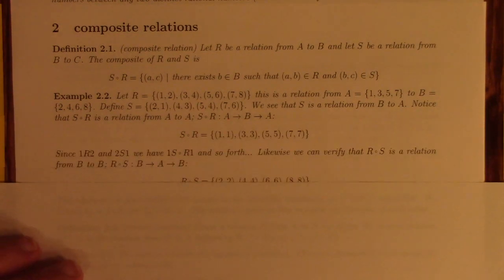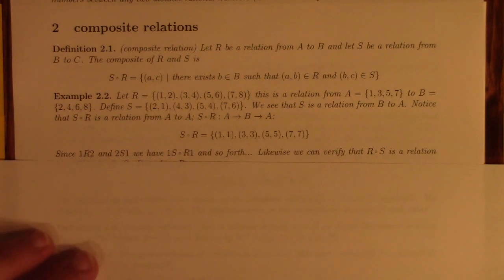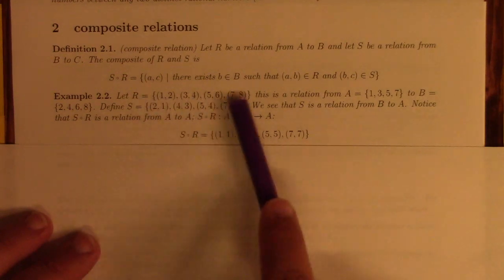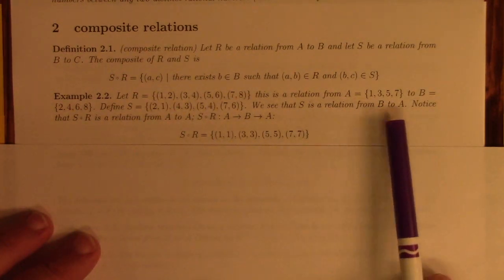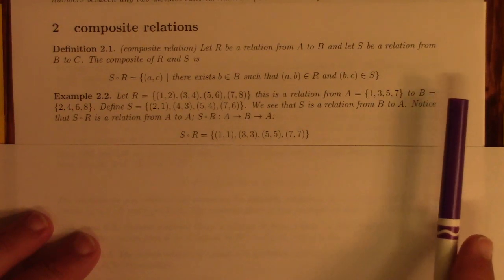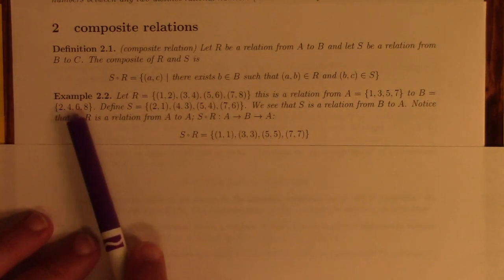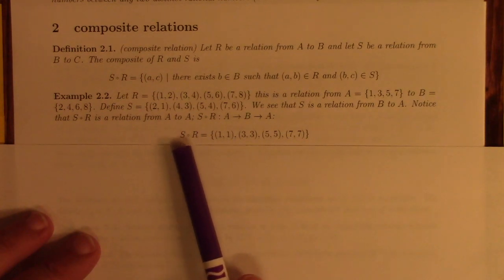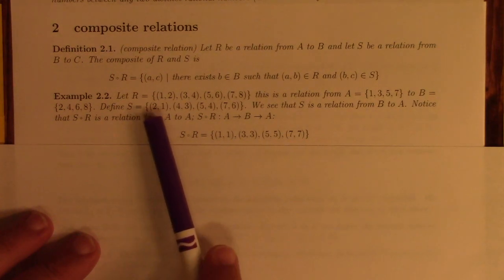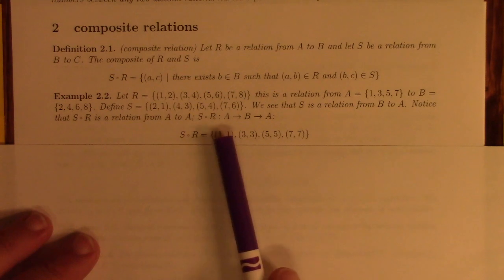Here's an example of one. If I have this relation and that relation, the inputs are odd numbers from 1 to 7, the outputs are even numbers from 2 to 8. I take R as a relation from A to B, I think.